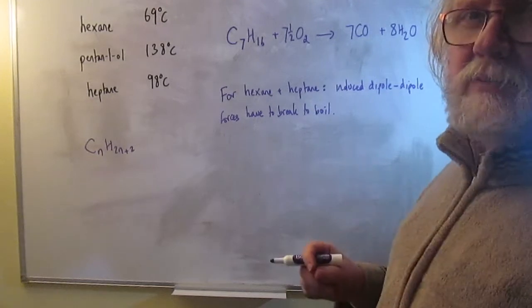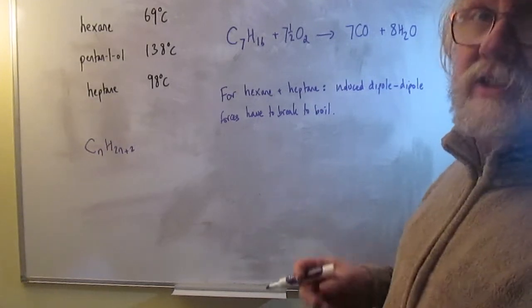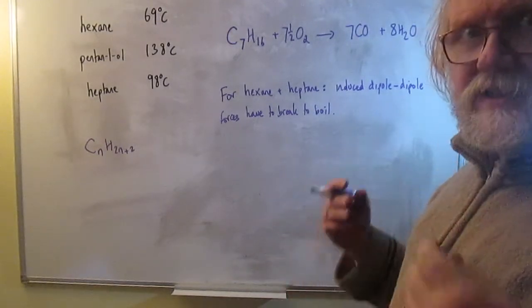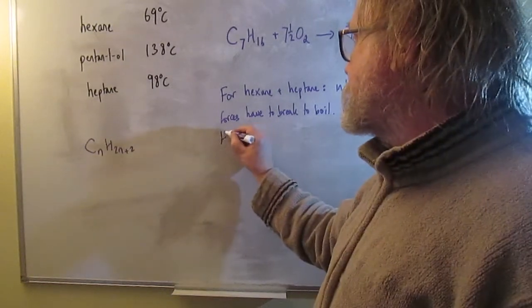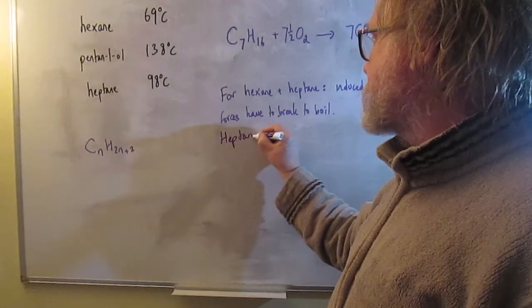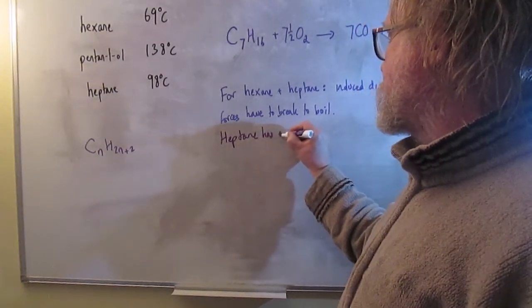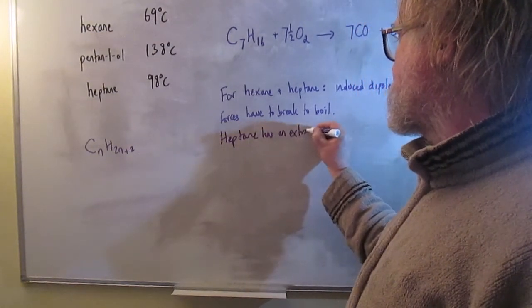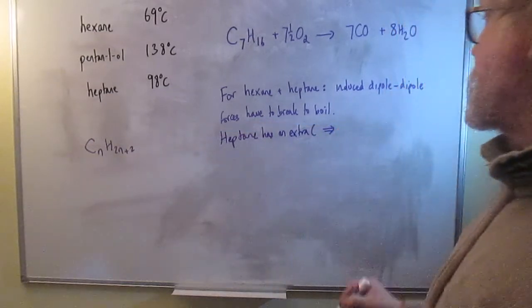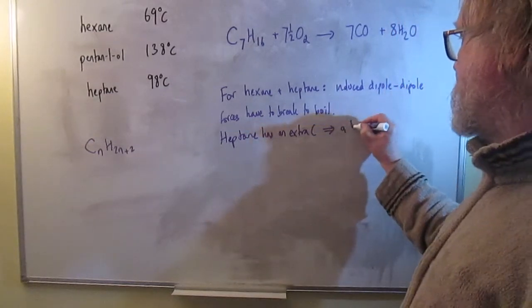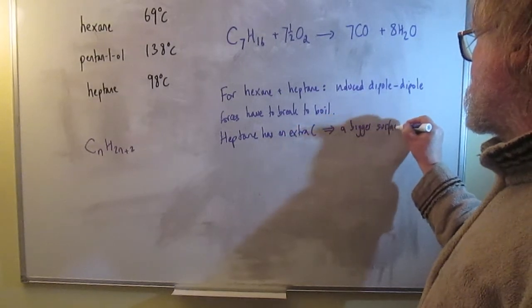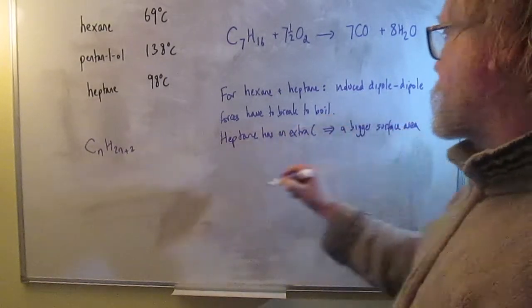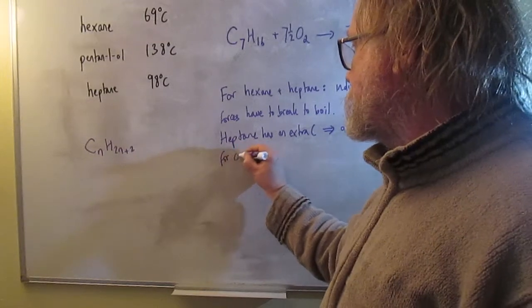Just saying it's a bigger molecule or a longer molecule is not enough. It's the surface area for contact with other molecules. That's the key phrase. So you say heptane has an extra carbon, which means that it has a bigger surface area for contact with other molecules.